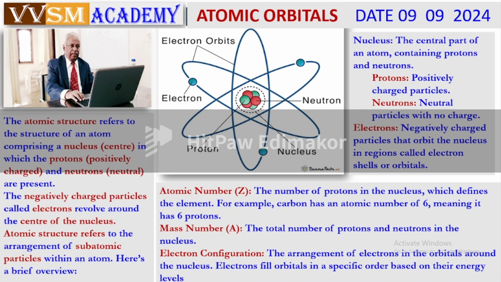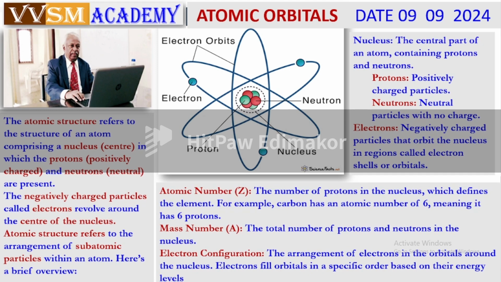Arrangement of subatomic particles within an atom. Nucleus: the central part of the atom containing protons and neutrons, together called nucleons. A nucleon may be a proton or a neutron. Protons are positively charged particles.